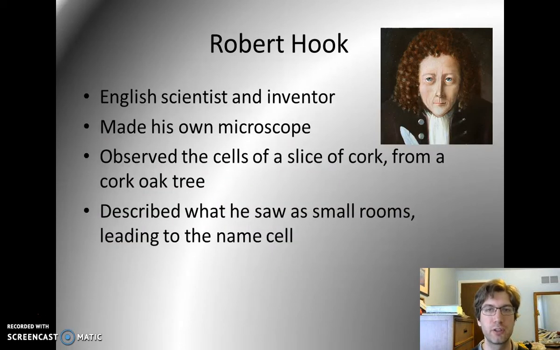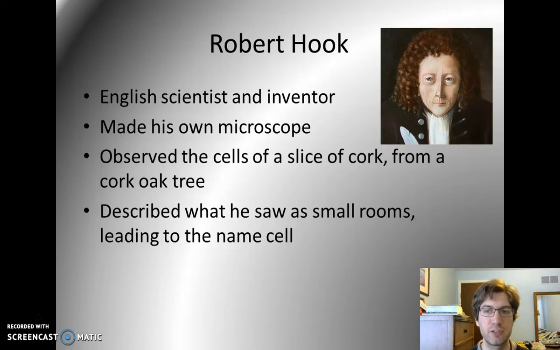So microscopes made it possible for these 5 gentlemen to do their research. Our first person is Robert Hooke. Robert Hooke is an English scientist and inventor, very influential for the time period, and he did a lot more work than just discovering cells. But what he did was he took his own microscope, which he made himself, and a lot of people at the time period would say that his microscope was probably the best out there.